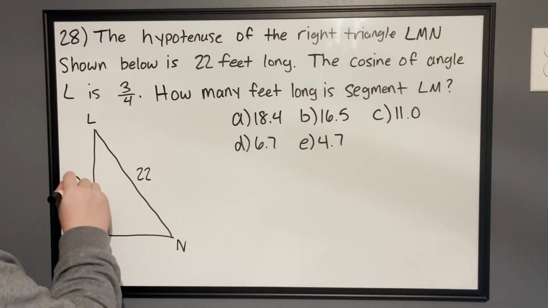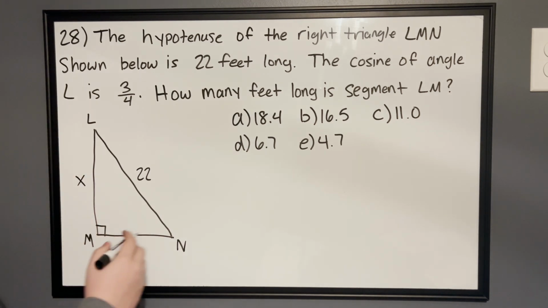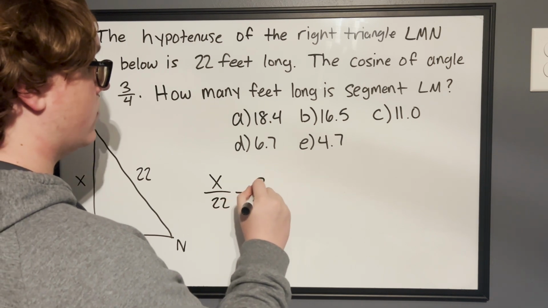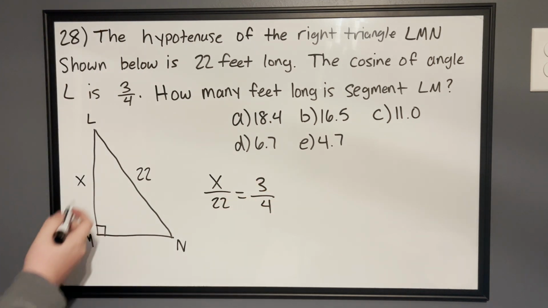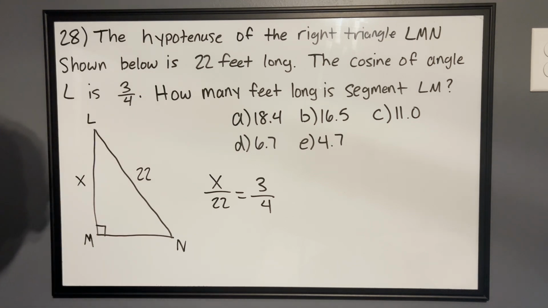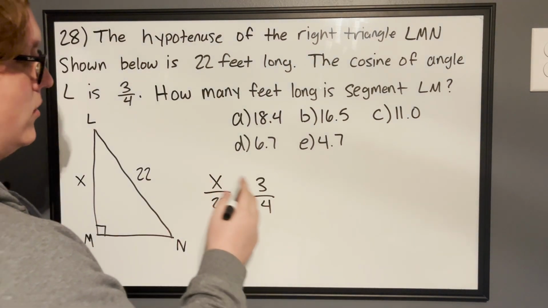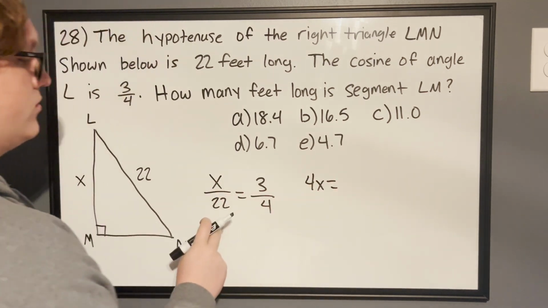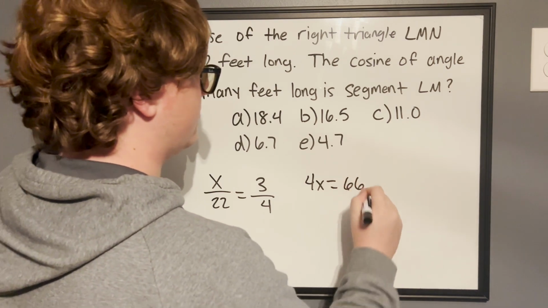So we'll call this length x, which is the length of the segment. So x over 22 is equal to 3/4, because cosine is just x over 22. To solve for this, we can just cross multiply. So we have 4x is equal to 22 times 3, which is 66.